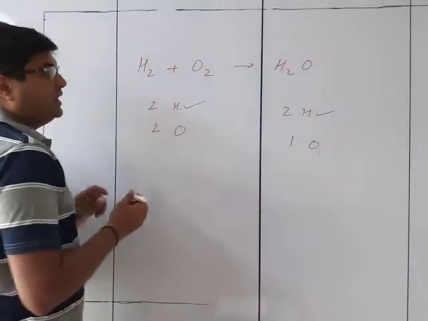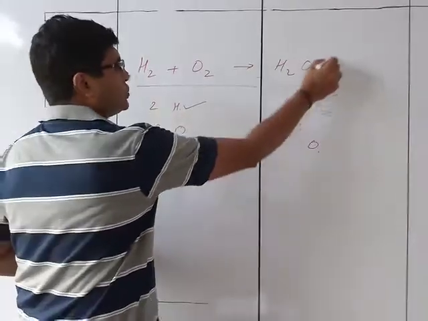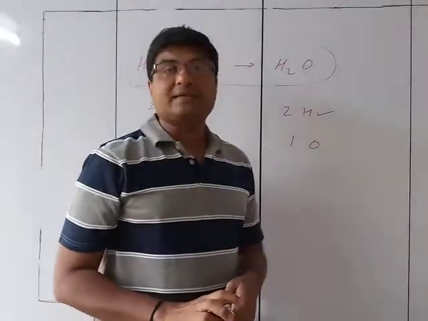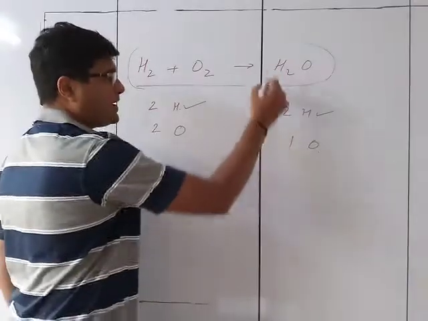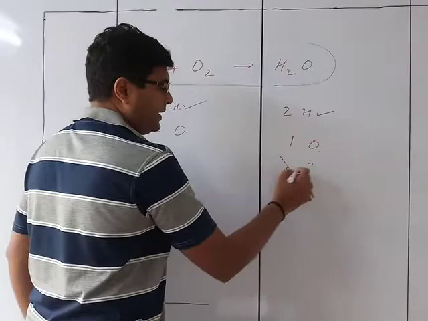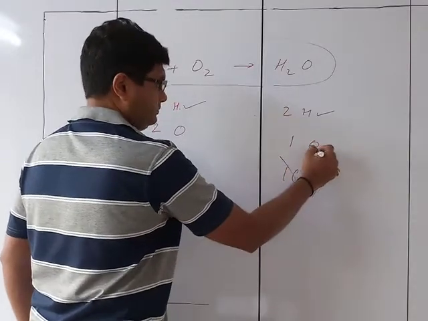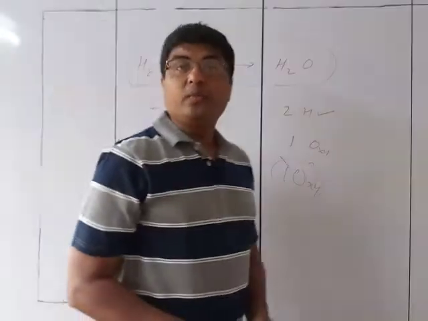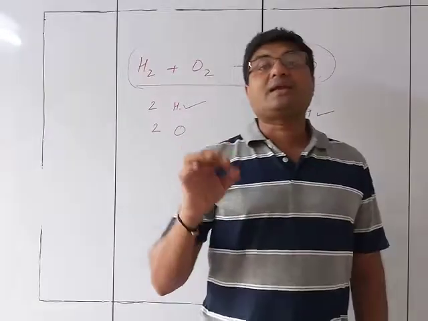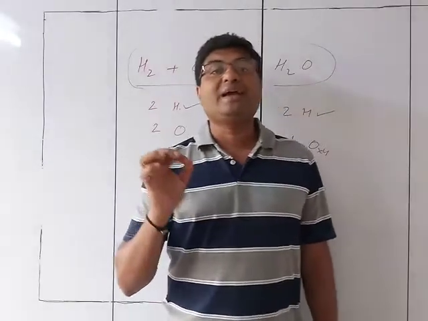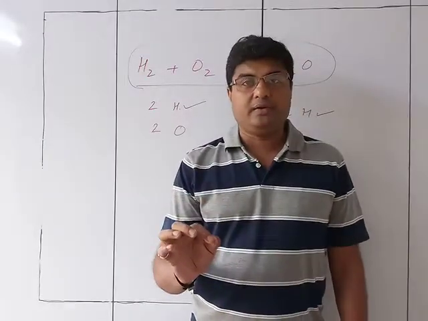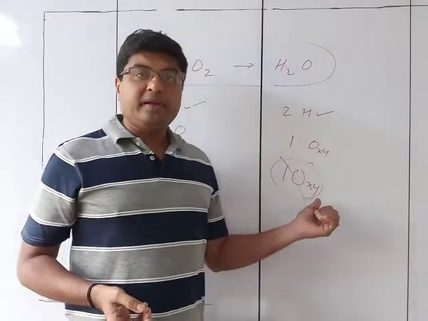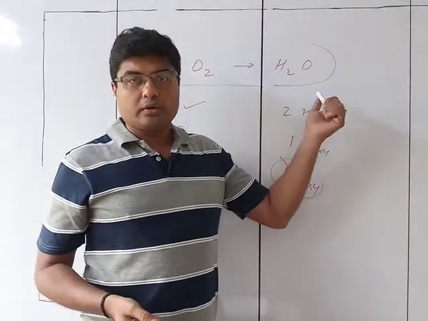So in this case, if this reaction holds good, if this is the right thing, in that case I am destroying one oxygen atom. One oxygen atom is being destroyed by me over here. And we know very well that atoms can neither be created nor destroyed. So if I'm not able to destroy this, that means there is something wrong over here.